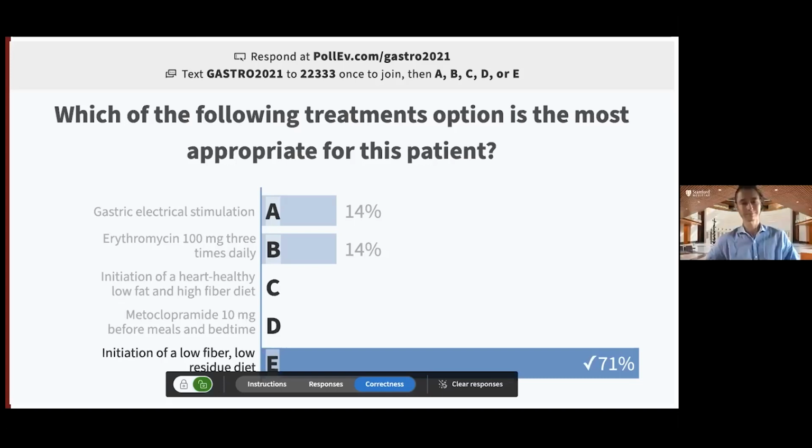And there is a possibility that the patients with Parkinson's disease have also gastroparesis coexisting with colonic inertia or slow transit constipation. And we need to be careful what we prescribe and what we're trying to fight. In this case, for example, the true answer is low fiber, low residue, but we need to do something also for the underlying constipation that these patients suffer many times, much more frequently than gastroparesis.